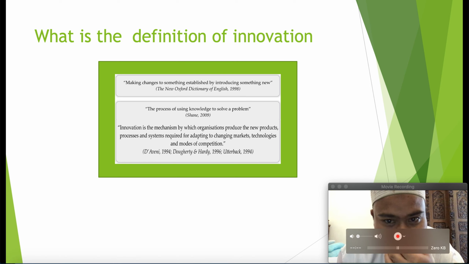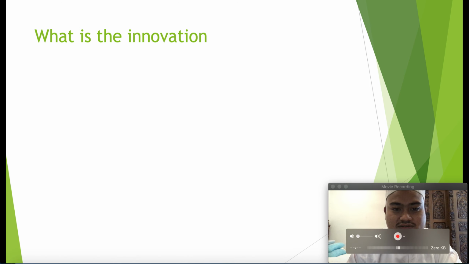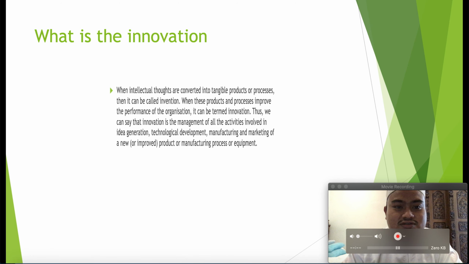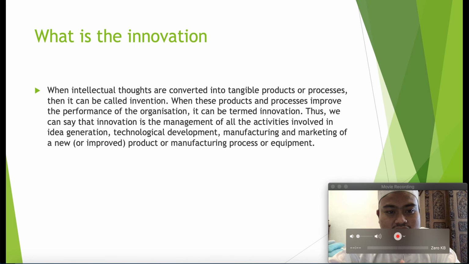So the next slide is: what is innovation? When intellectual thoughts are converted into a technical product or process, then it's called an invention.